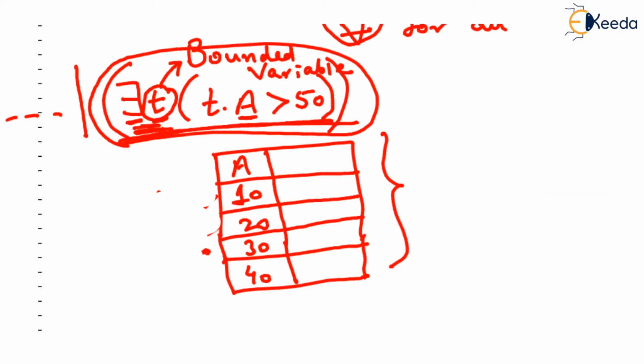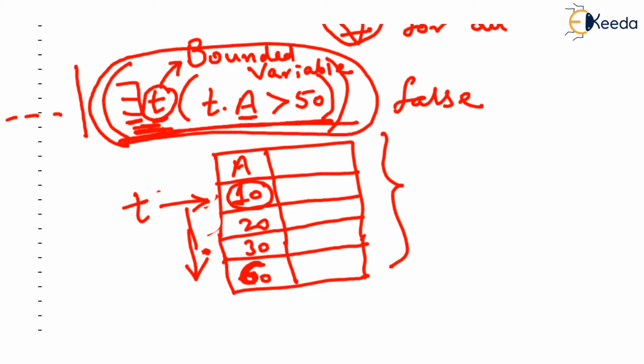Let's say we inspect only one tuple. This is t from where it starts. And we see that, okay, a is greater than 50 is false, and we straight away announce that this expression is false. But who knows, there might be a tuple with a value of a equal to 60. Check the last row. How would it know that there exists at least one t where a is greater than 50? It can know only after checking all the rows.